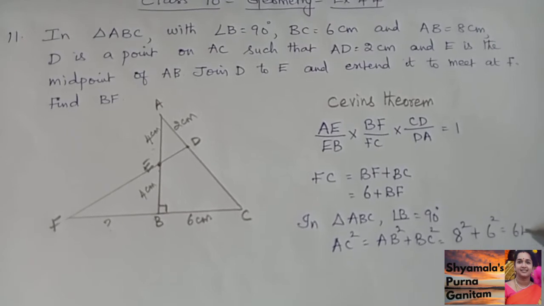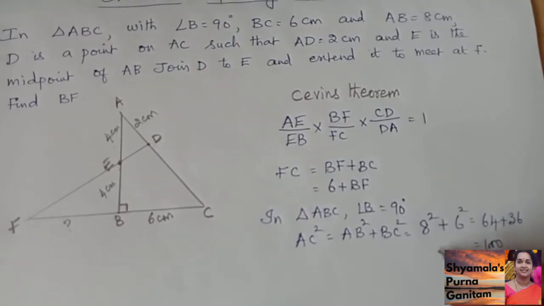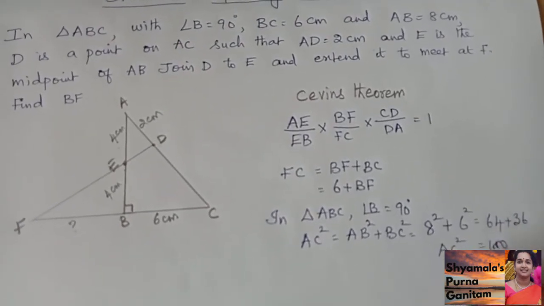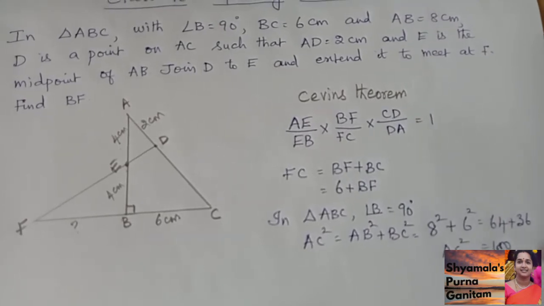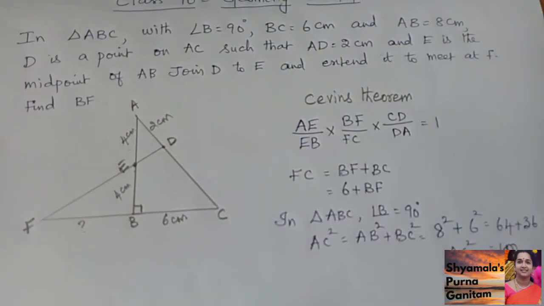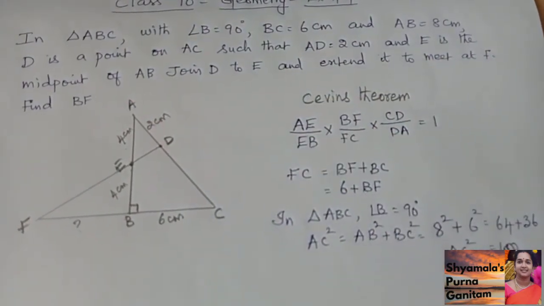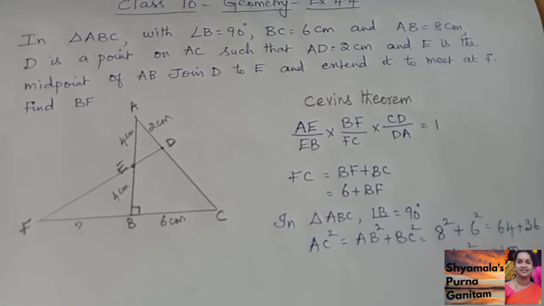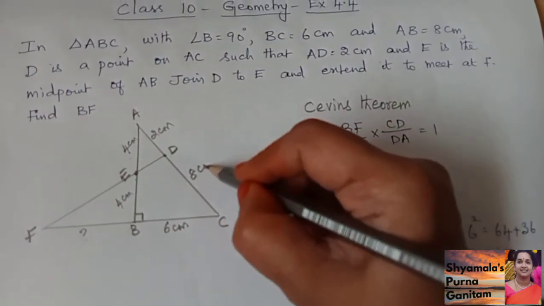So 64 plus 36, we'll get it as 100. So length of AC squared is 100. So AC is equal to 10 centimeter. So this full length of AC is 10 centimeter. So this AD is 2 centimeter, so we'll get the measure of CD as 8 centimeter.